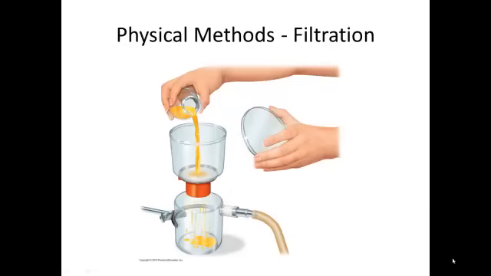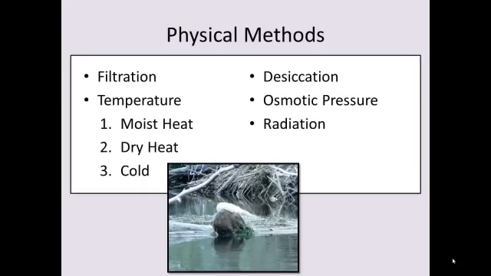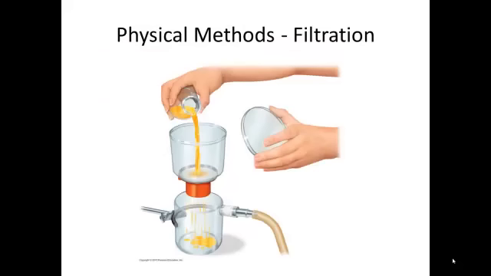Examples of filtration that you may already be familiar with are filtering water, such as if you go backpacking and you filter the water before you drink it. That's getting rid of giardia that our friend the beaver here in the picture is putting into the water. You really don't want giardia. Causes backpacker diarrhea, lasts a long time. Another example of filtration that you may be familiar with is running air through a HEPA filter.